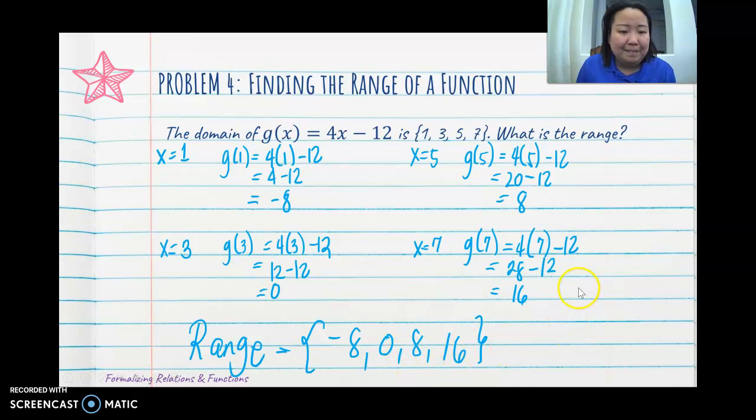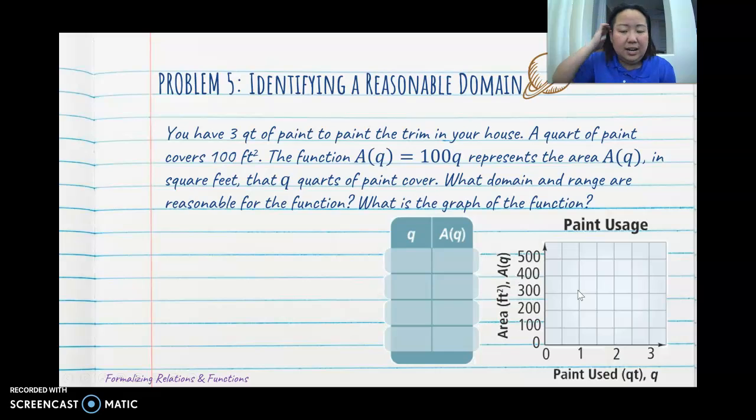Okay, so for this last example, sometimes there will be scenarios where you will be asked for a reasonable domain. This is where you have to identify whether a discrete graph or a continuous graph would be better to visualize the answer for this particular scenario.